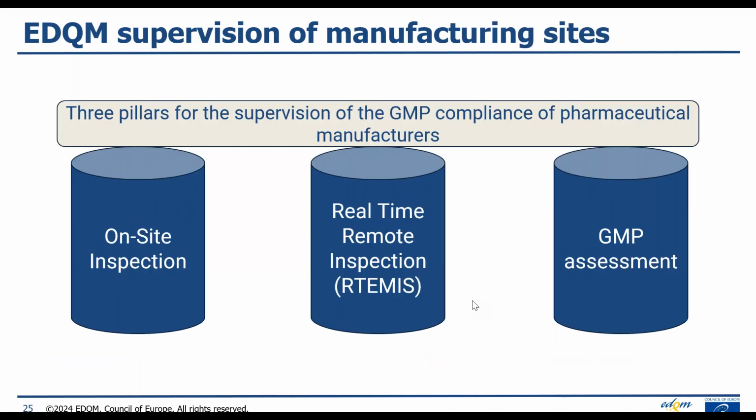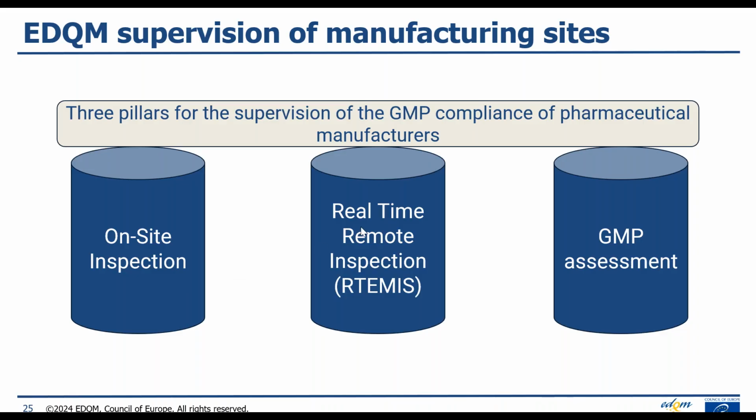Okay, then just to touch on the other approaches we have for the supervision of manufacturing sites involved in CEP applications. We have three methods for the supervision of GMP compliance. The first one, of course, is on-site inspections and what we've discussed in the presentation up to now.